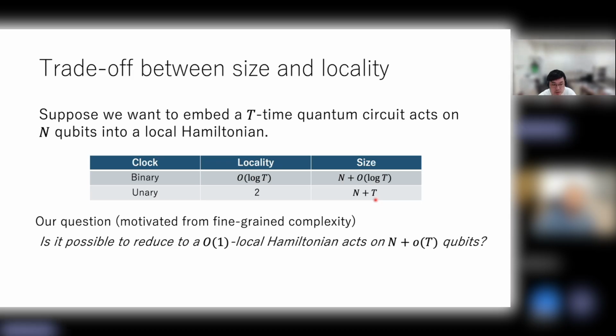Our motivation is from fine-grained complexity. I will revisit it soon. We ask if it's possible to reduce a circuit to a constant-local Hamiltonian whose size overhead is sublinear in t.